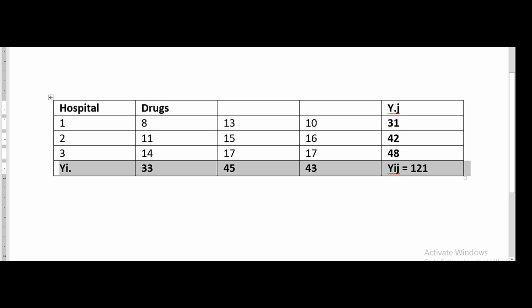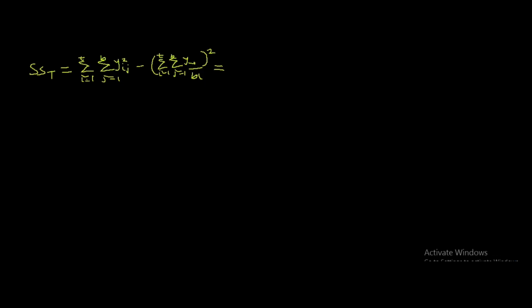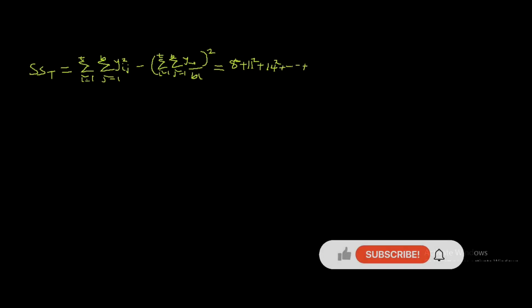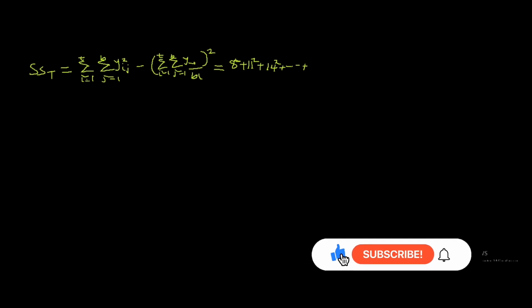So that is what we are going to do to get that value. So let's do that and see: 8 squared plus 11 squared plus 14 squared, and so on, plus the last value, which is 17 squared.